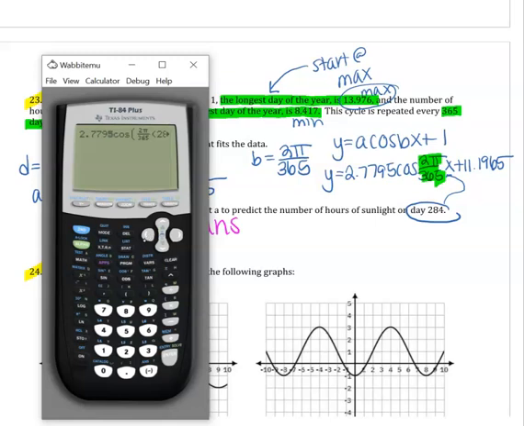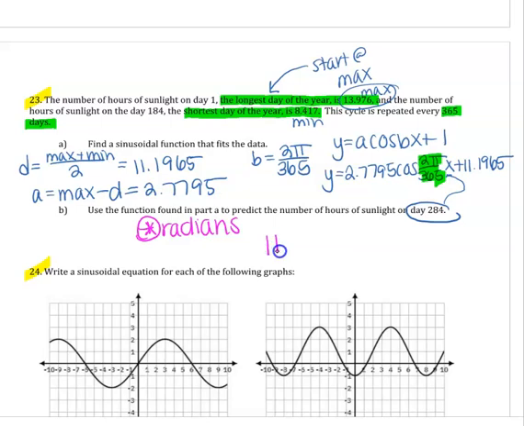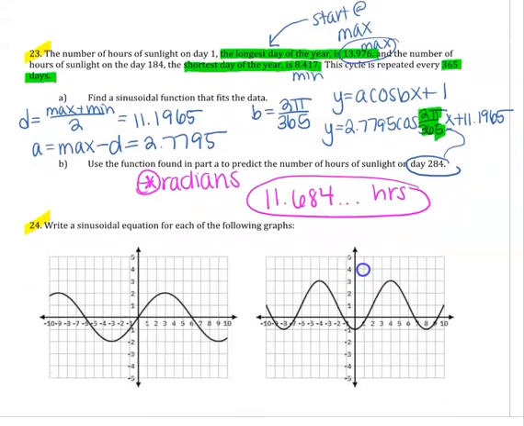And there's my cosine, and I'm just going to hit enter. So 11.684 hours. I don't have a rounding direction here, so I'll just leave that for now. That should be sufficient. All right, cool.